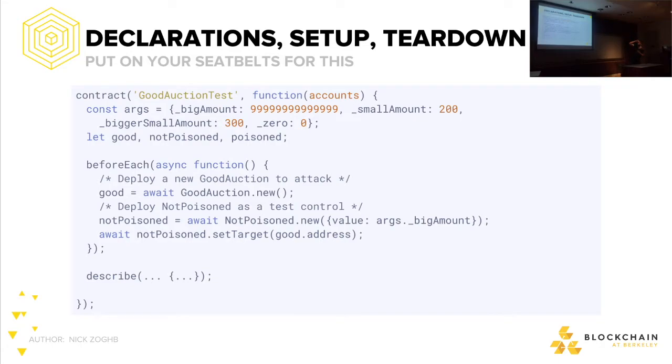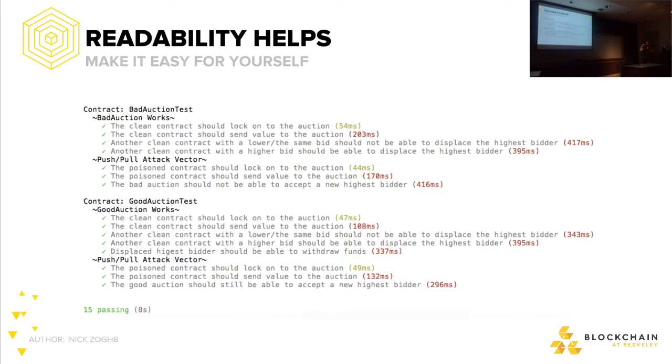And this is an example of how I structure my tests. You can structure them differently if you like, as long as they're readable. Does this make sense? Excellent. And like I said, it actually tells you how quick they run. Great.